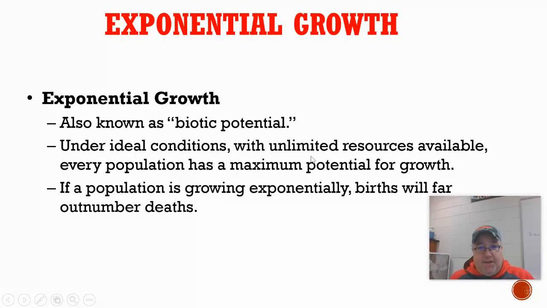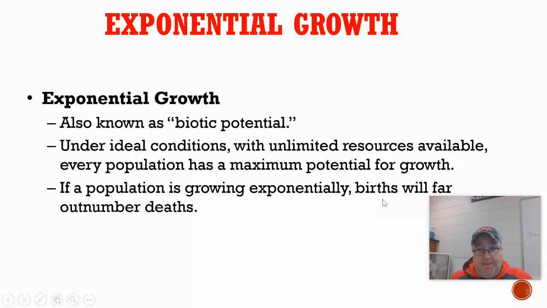Imagine if a species had unlimited resources, all the food they want, all the water they want, all the living space. Let's say there's no predators, there's very little competition. We would probably expect a population to grow fairly quickly. That's exactly what exponential growth is. It's basically growth when there's nothing limiting the population from growing.